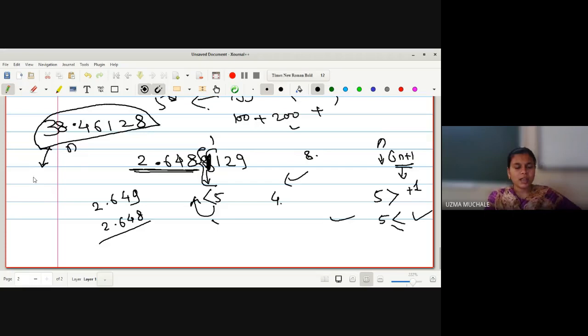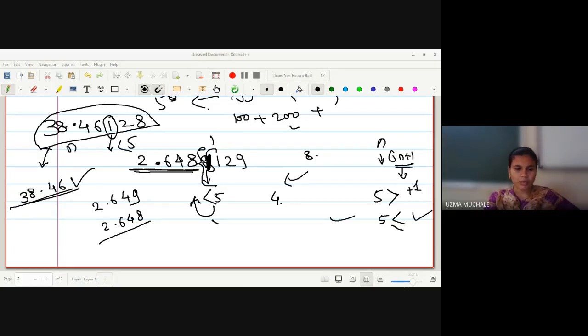If the question is to reduce this number to 4 significant digits, what will you do? 38.46. After the 4th digit, the number at the 5th place is 1, which is less than 5. So we keep the number as 38.46. In this way, you have to work through the examples.